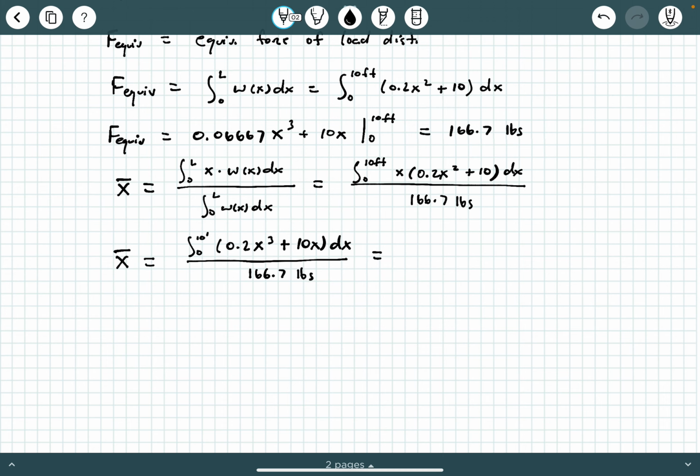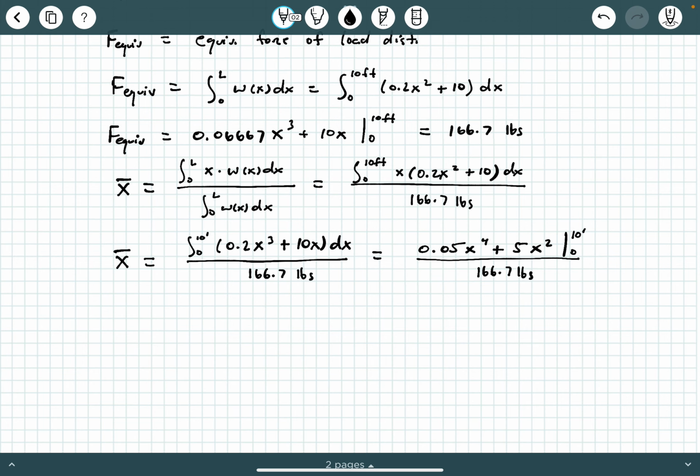And when we evaluate this integral, it's a polynomial, so you raise it a power, divide by the new power. So you'll get 0.05 x to the fourth plus 5x squared evaluated from 0 to 10 feet, and then divided by 166.7 pounds.